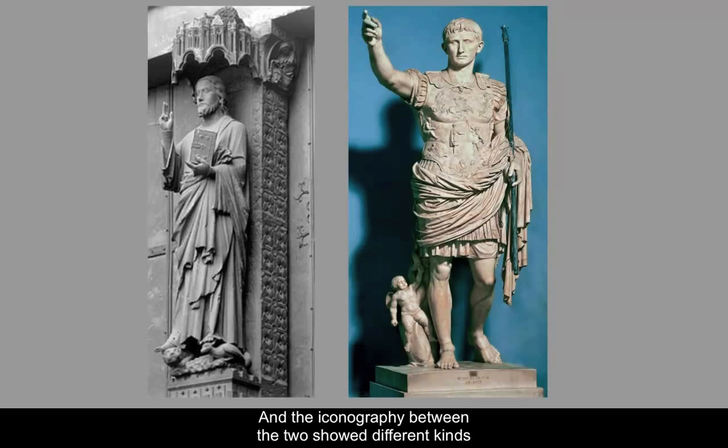And the iconography between the two show different kinds of divinities, if you think about it, and really tie in with the ideology of each of the periods. So, for instance, Augustus is a military guy. He's wearing a cuirass. He has the scepter that shows he's the leader of the Roman Senate. His bare feet probably either represent victory on land, or that he's been apotheosized.